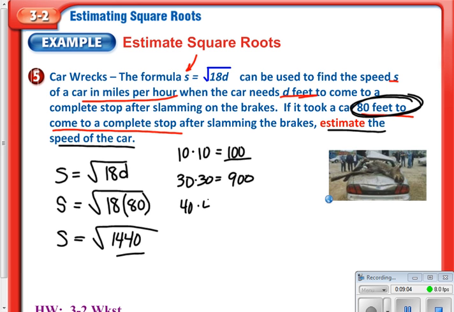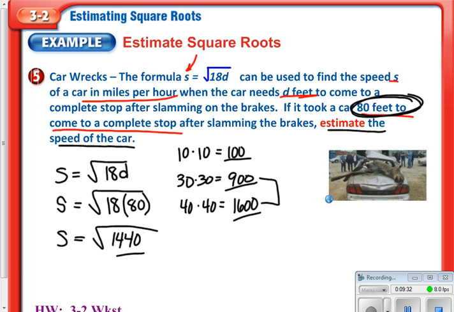So try 40 times 40. 40 by 40, we get 1,600. Now if you look at this, we'd actually be pretty close. We know that this 1,440 has to be somewhere in between, because 1,600 is the top end and 900 is the bottom end. So we know that our answer has to be somewhere between 40 and 30.